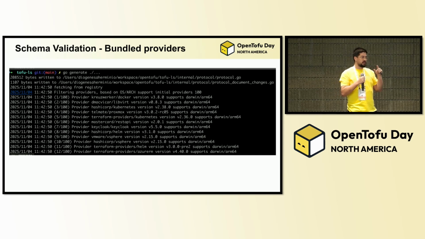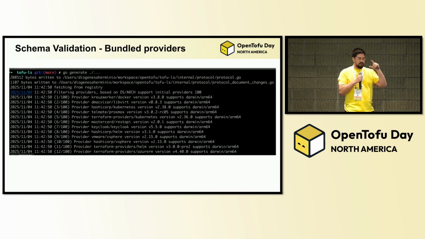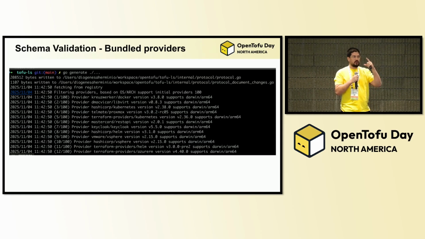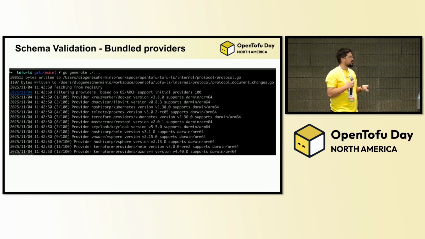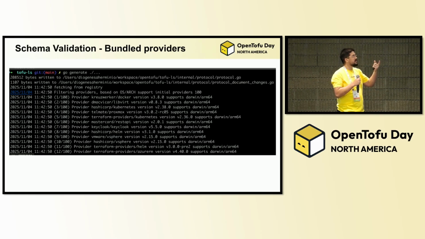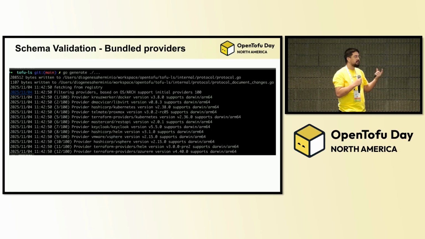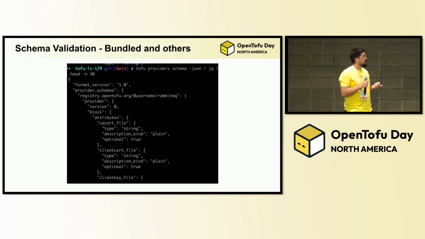So you get to see all the schema from the required providers of a configuration. We download the providers and create a project for them. Then we ask for this JSON information of the providers, and we save all of that together with the binary. So every time you use the project, you already have this information in the binary.